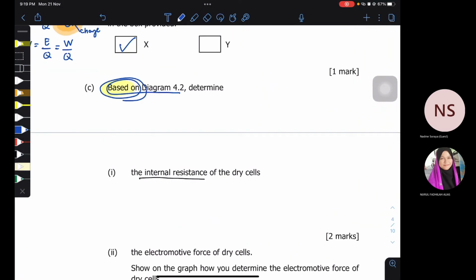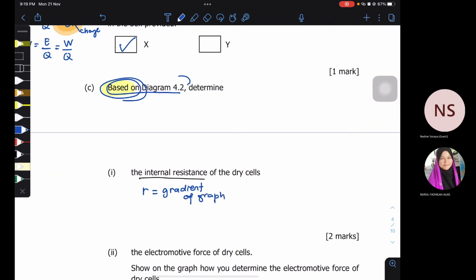So kita buatlah. Internal resistance, small letter R. Dia sama dengan nilai apa? Dia sama dengan nilai gradient. Jadi what's the gradient? Carilah gradient. So it's equals to the gradient of graph.